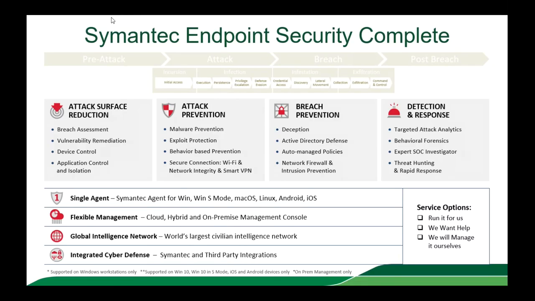If, for example, this file tries to disable your antivirus, it triggers an alert, and you're able to know that this is malicious, and we're blocking it. So think of it like a sandbox inside your machine. That's what deception is. Then we have what we call Active Directory defense. We have auto-managed policies and network firewall and intrusion prevention in this phase.